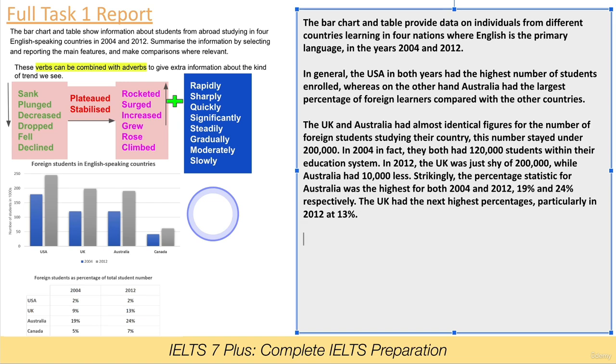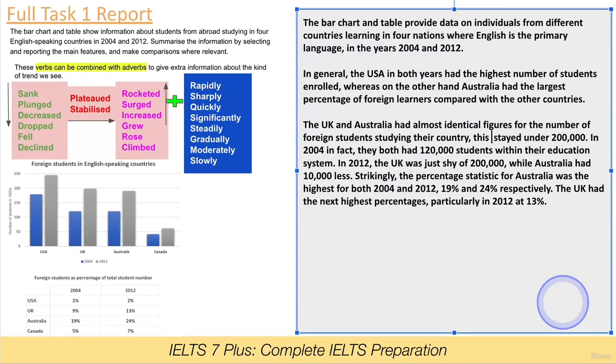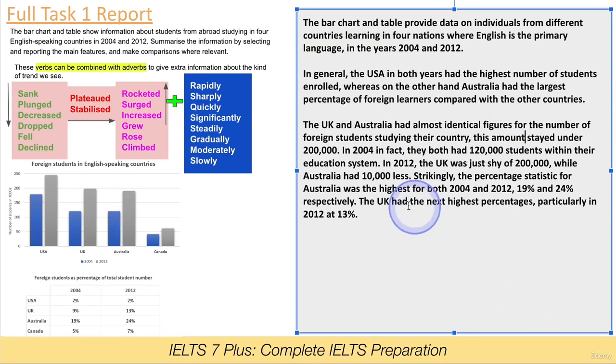Okay, I think that's good. Let's read it back and see how it's sounding. The UK and Australia had almost identical figures for the number of foreign students studying in their country. This amount stayed under 200,000. In 2004, in fact, they both had 120,000 students within their education system. In 2012, the UK was just shy of 200,000, while Australia had 10,000 less.